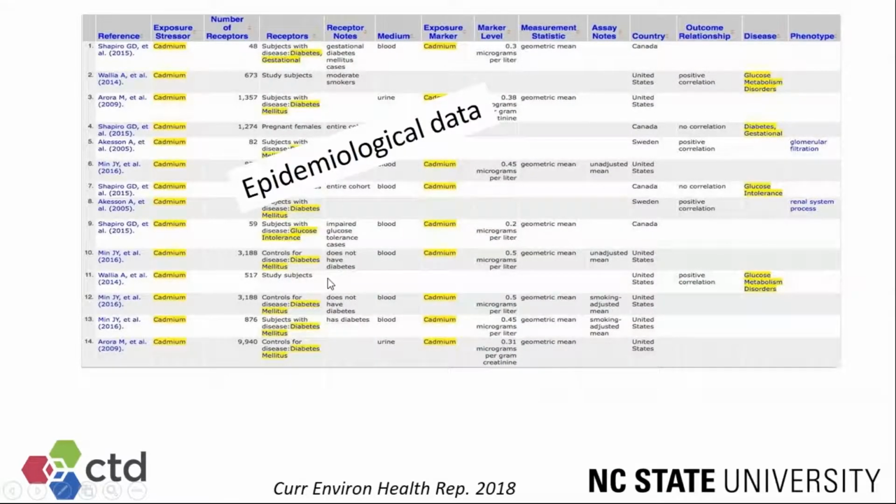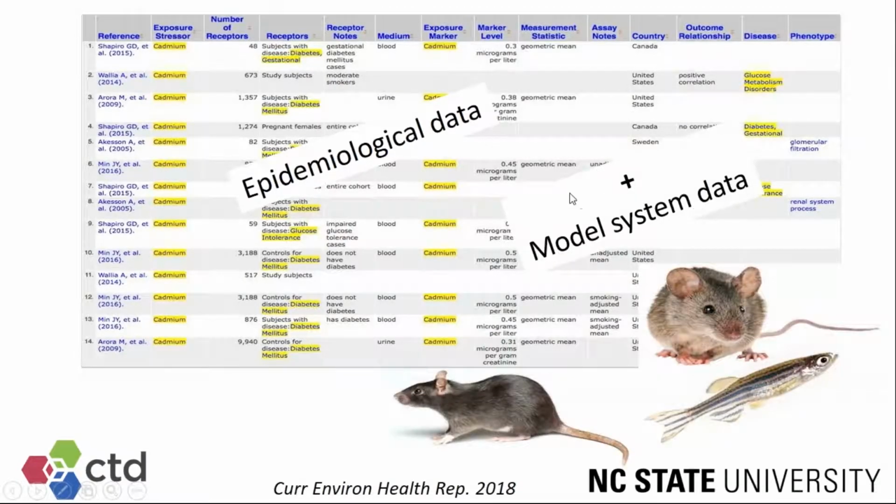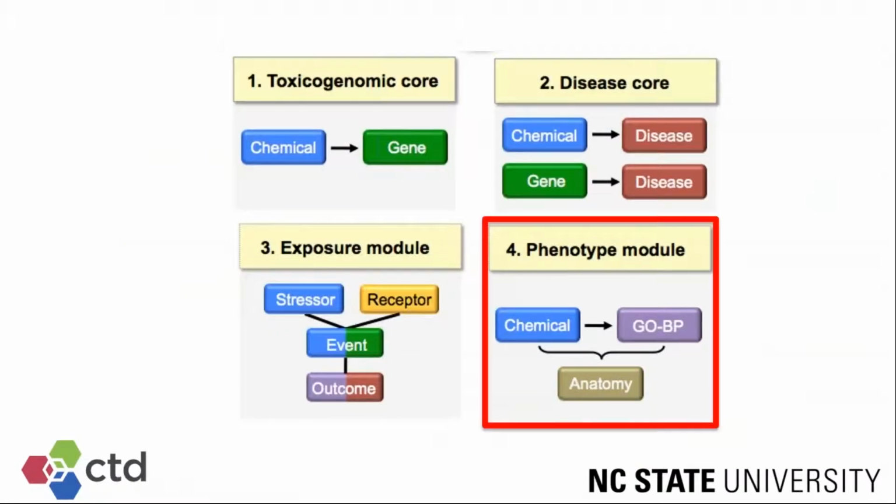We did a recent review of cadmium, looked at all the epidemiological data we had for it, and brought in all the model system data we had for cadmium, with a particular focus on metabolic disorders. This paper came out just a few months ago, trying to show that this integration of human population-based data with experimental data is actually a useful approach.